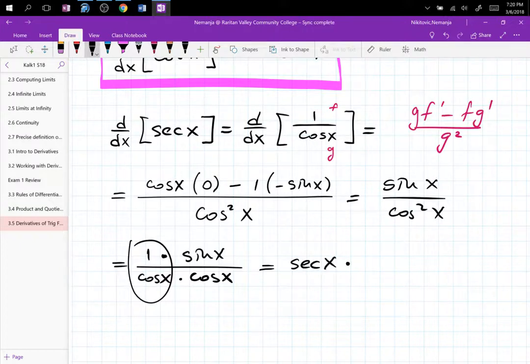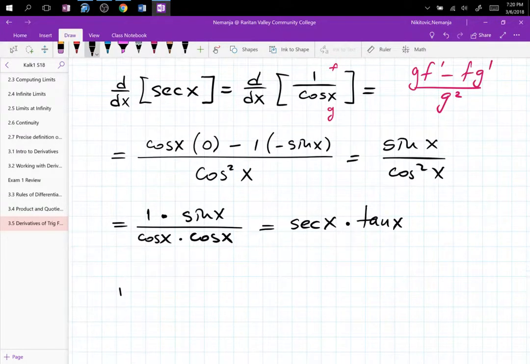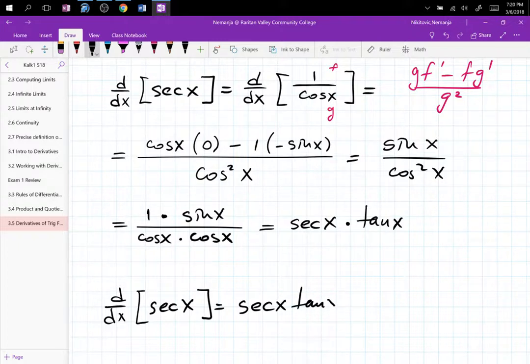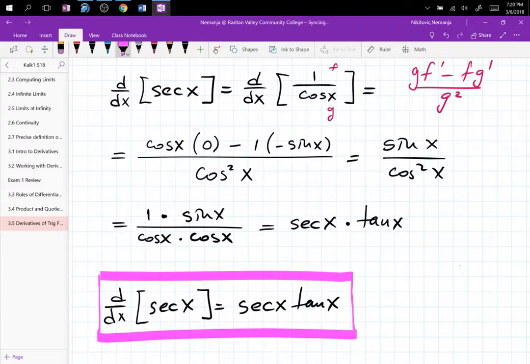Very good. And then sine over cosine is? Nice. So what is the derivative of secant x? It is secant x tangent x. Box. Nice.